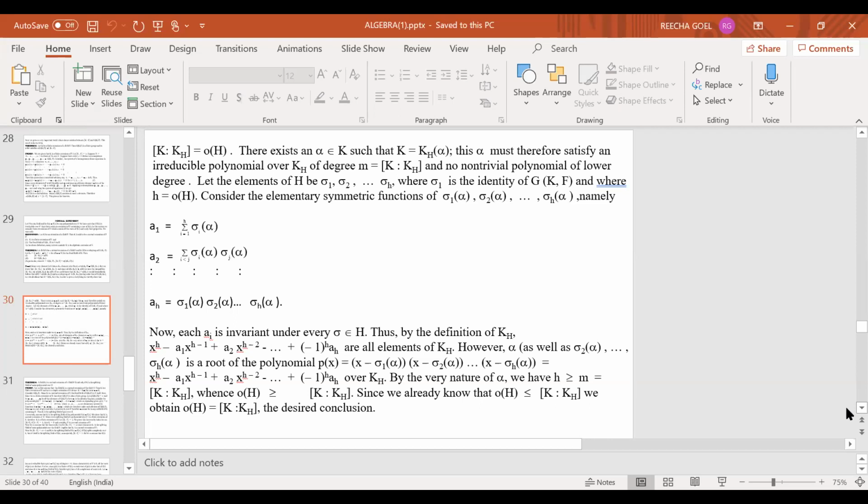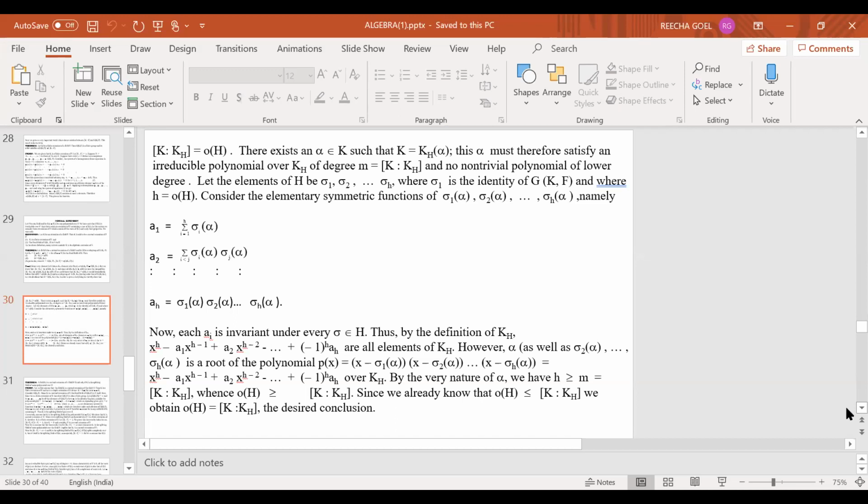So with respect to sigma 1 alpha, sigma 2 alpha, up to sigma h alpha, we are going to consider elementary symmetric functions. That is, sigma 1 alpha plus sigma 2 alpha plus sigma 3 alpha up to sigma h alpha. Let me denote this by A1. Then sigma i alpha times sigma j alpha, that is, two at a time, where i is less than j.